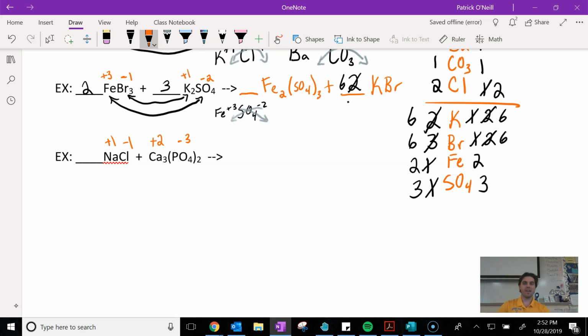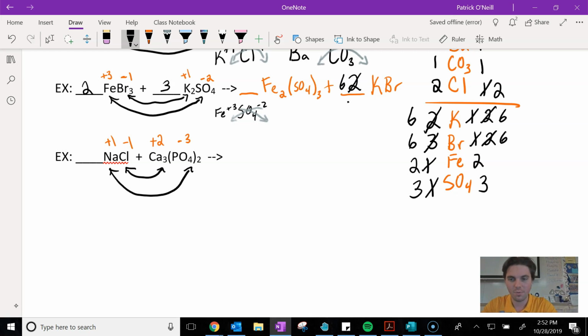So then we know that we have to pair up the cations with the other anion and the anion with the other cation. Right? So the positive always goes with the other negative, and the negative always goes with the other positive. And then we have to work to predict our products.